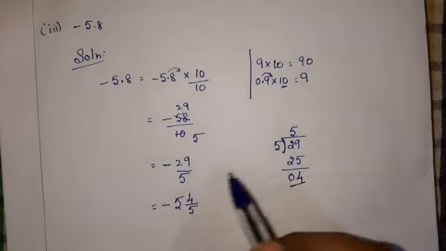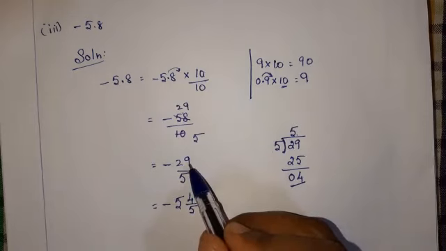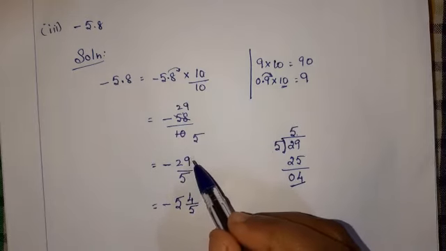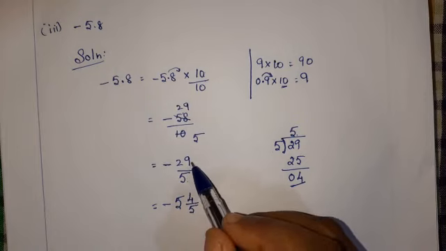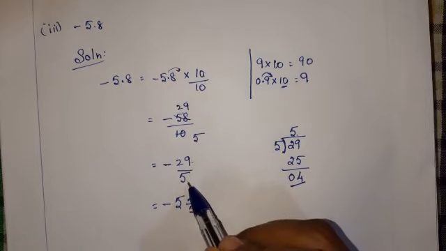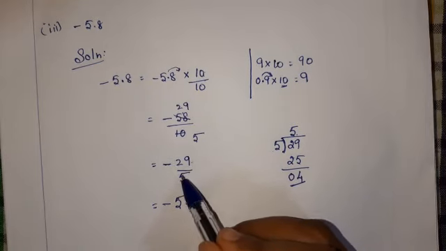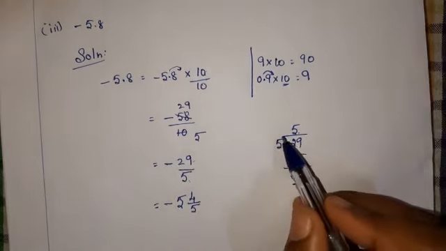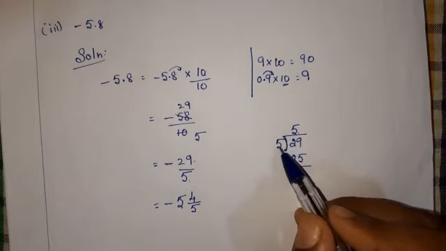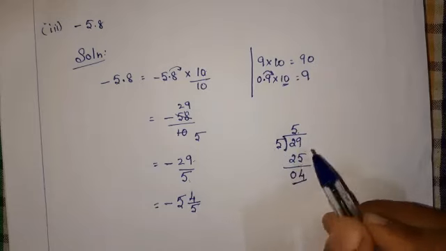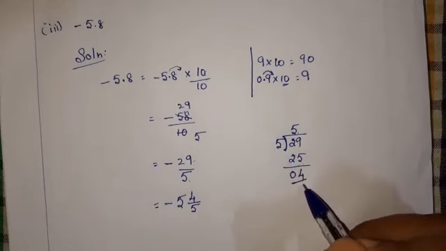Once again, if the numerator is bigger than the denominator, like 29 divided by 5, you must divide and find the mixed fraction. 5 5s are 25. 29 minus 25, that is 4.